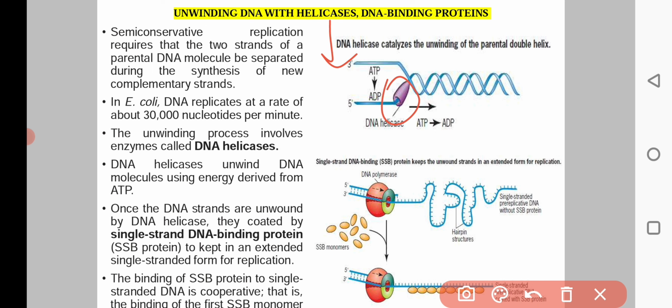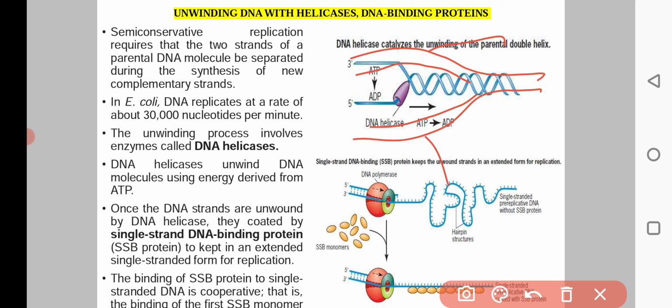Now it will start separating the two DNA strands, and the DNA polymerase will synthesize the new DNA strand by taking these separated strands as the template.